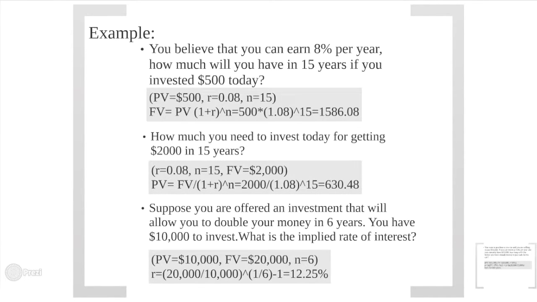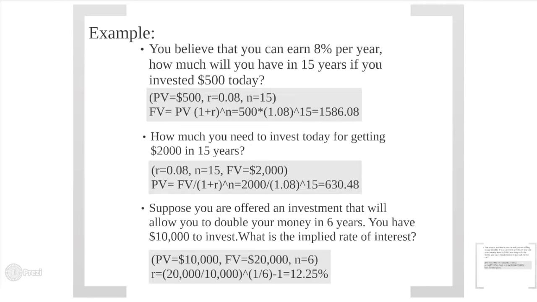And here are some examples for you. Now suppose you believe that you can earn 8% interest rate per year. How much will you have in 15 years if you invested 500 today? So since you invest 500 today, the present value will be 500 and the r is 8% and n, the number of periods, is 15 years.